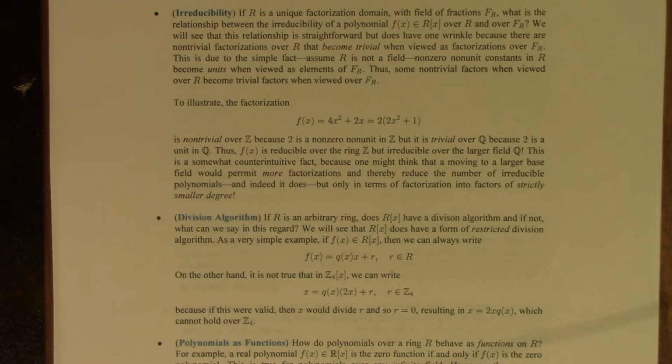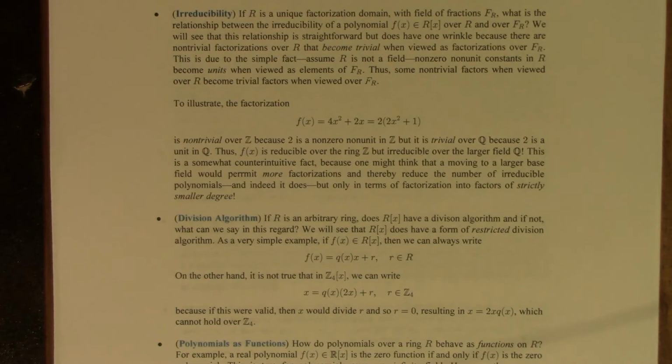In other words, non-units. Okay. Something else is going on here because of the situation with constants starting out as non-units in the ring and becoming units in the field. So that's the exception, that's the wrinkle. And we'll go over all this in detail at the appropriate time.